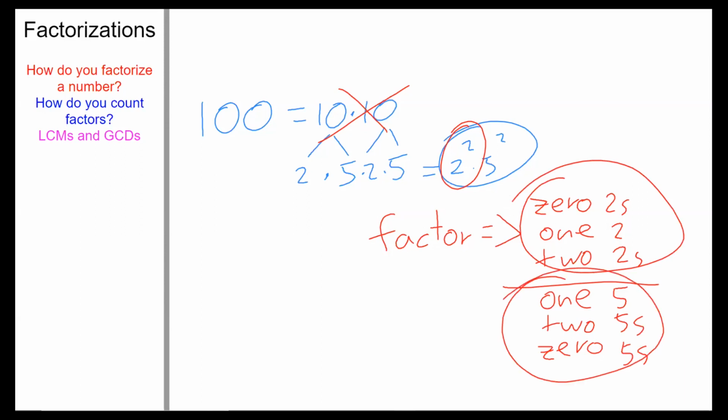So can anyone tell me a simple way we can use to count the number of factors of 100? Remember that we cannot have 0 2's and, for example, 2 2's at the same time. We have to choose one of them.